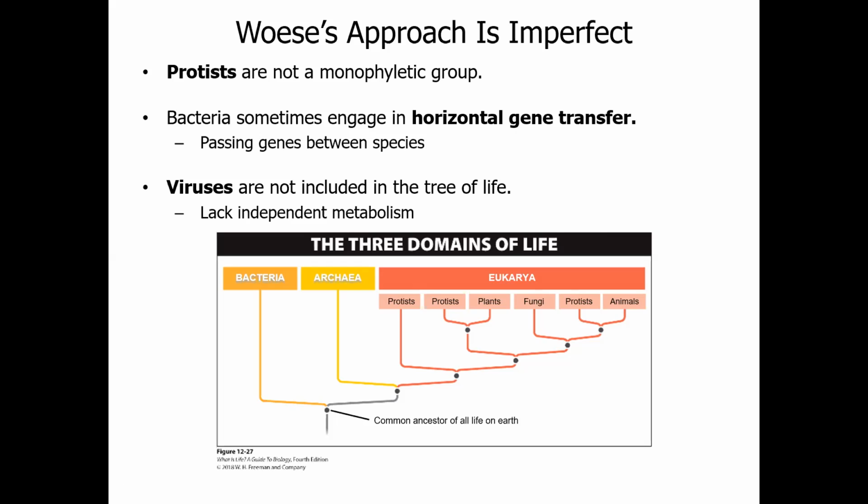Through a structure called a pilus, one bacterium can connect to another, and there can be an exchange of genetic information between those 2 bacteria, which creates new genetic combinations and new variations of bacteria. So the tree itself didn't really account for this either.